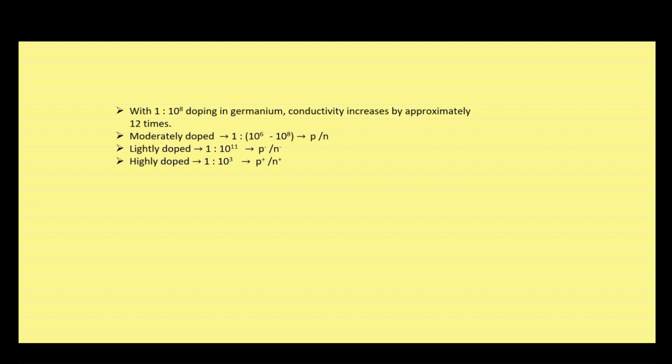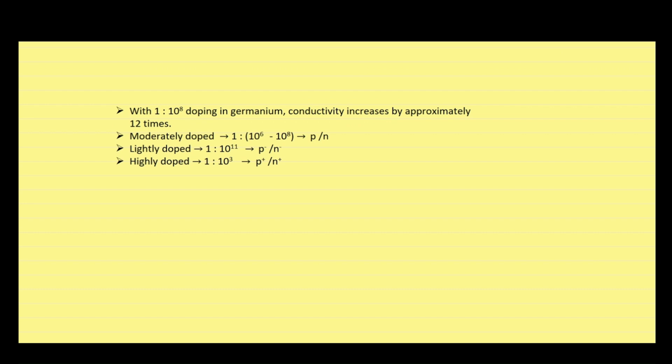On the basis of the quantity of dopants, doping can be divided into 3 types: lightly doped, moderately doped, and heavily doped. Lightly doped semiconductors can be estimated to be doped with 1 part of dopant in 10 raised to the power 11 parts of the semiconductor.